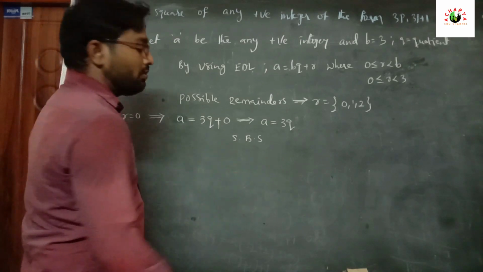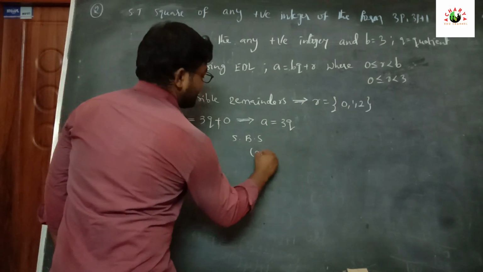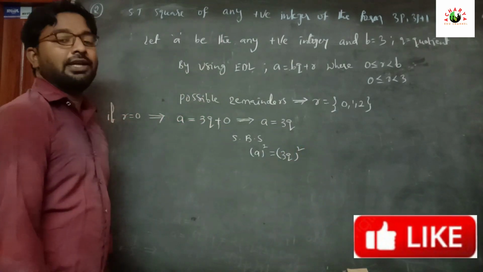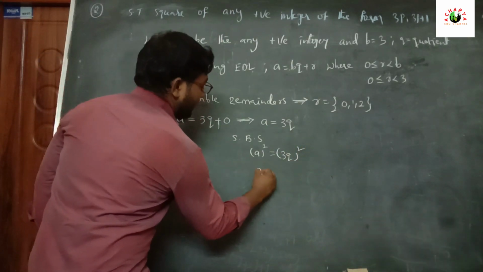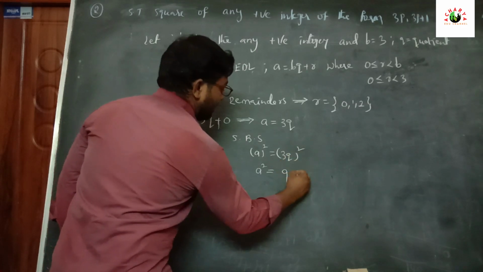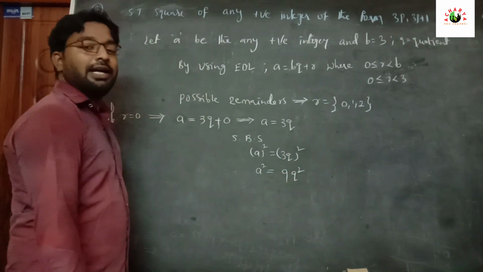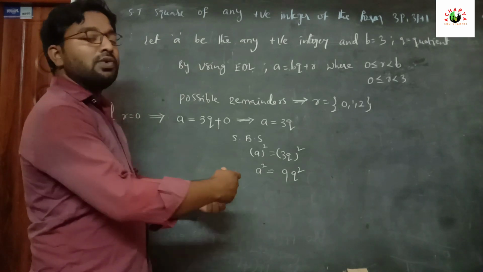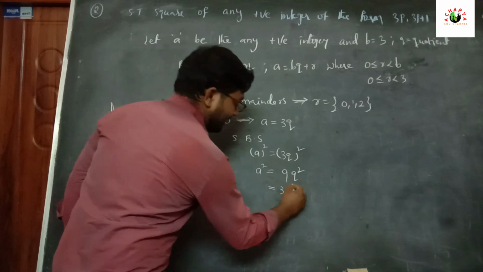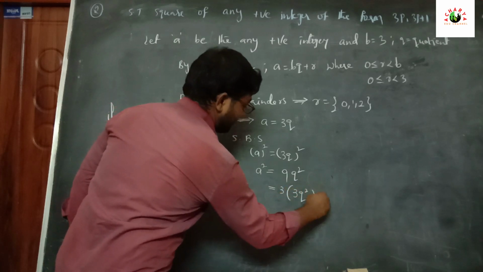Now a² = (3q)². So a² = 9q², which we can write as 3 into 3q².